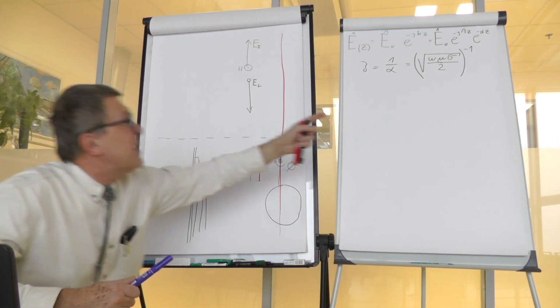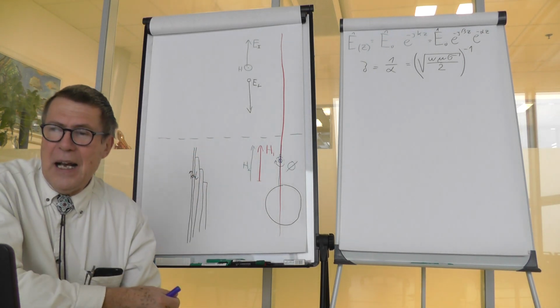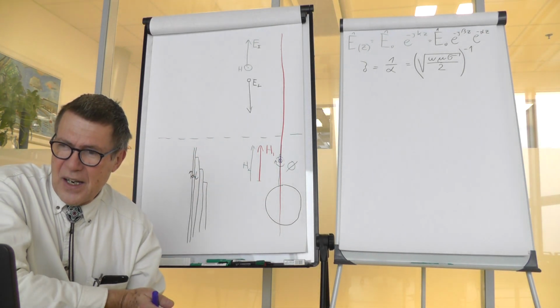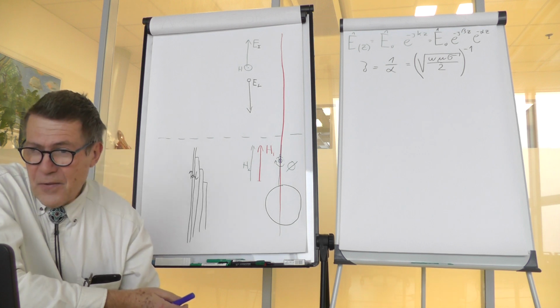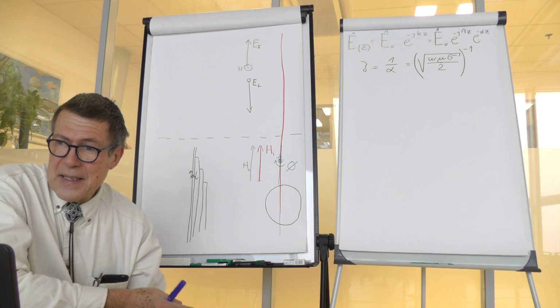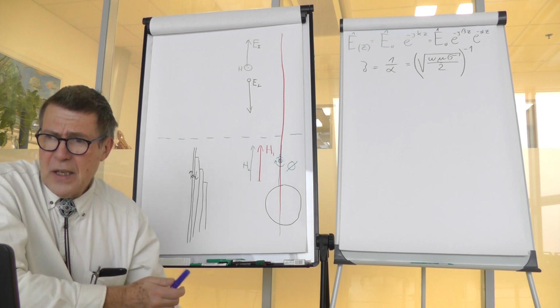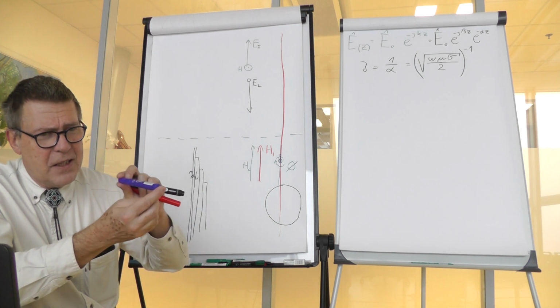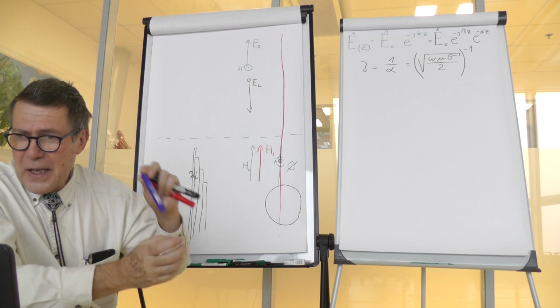If we calculate this number, the skin depth, just to have some idea, at frequencies of 10 gigahertz for copper or silver, the skin depth is something like 1 micrometer. So you have a conductor, but the important part which carries the current is 1 micrometer thick.